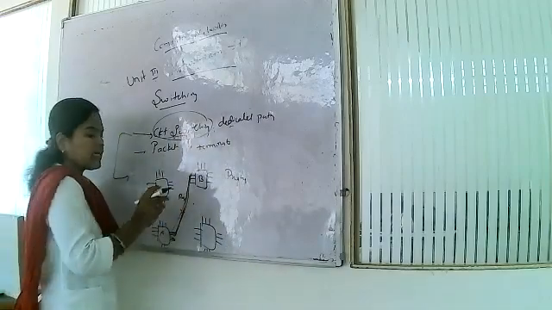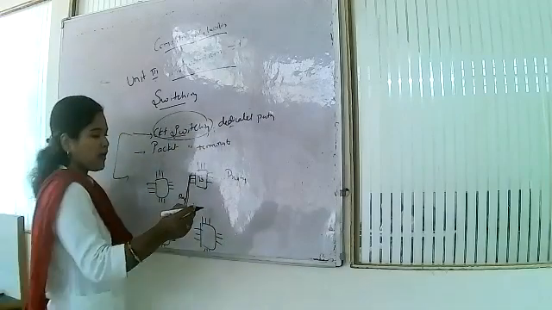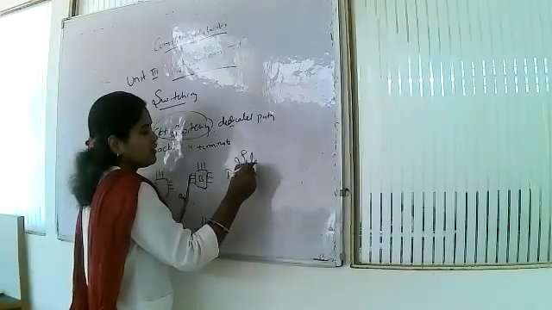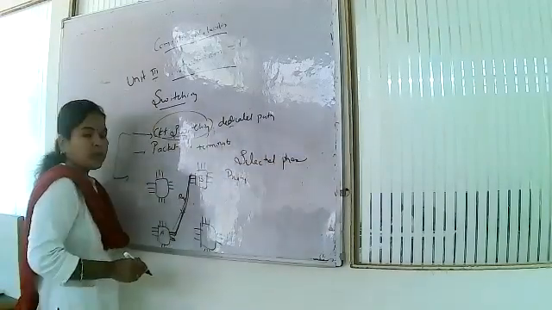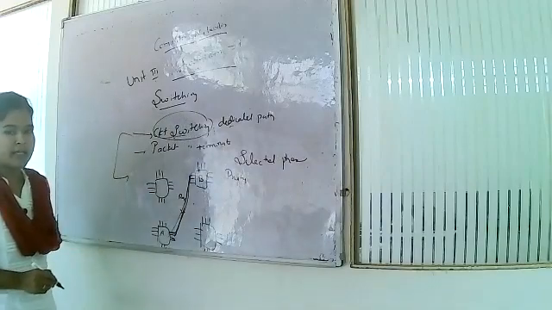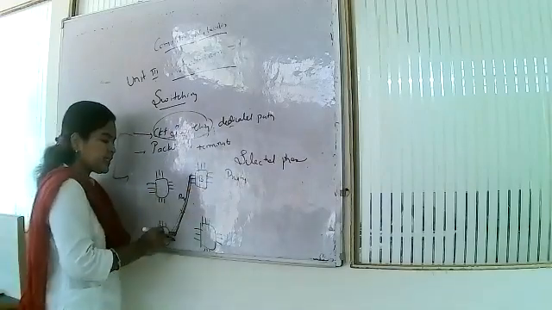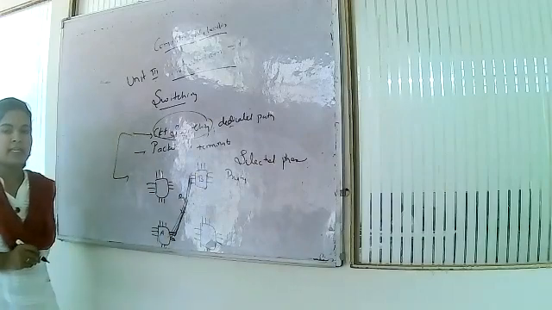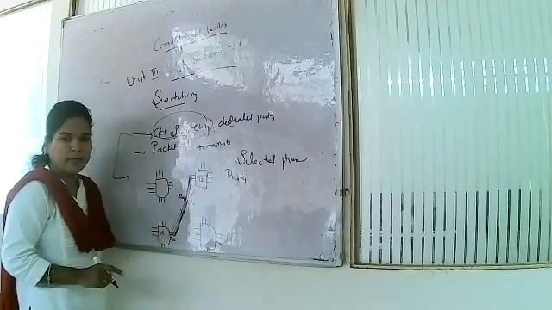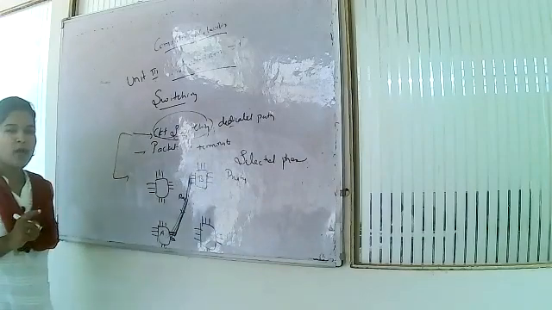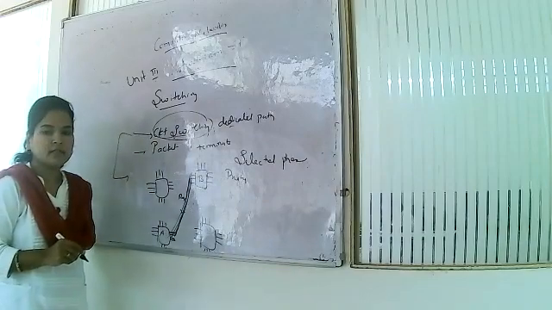It is also called the selected phase, because before sending the data, we are selecting the route to send the data from one to another. Any doubt regarding this?